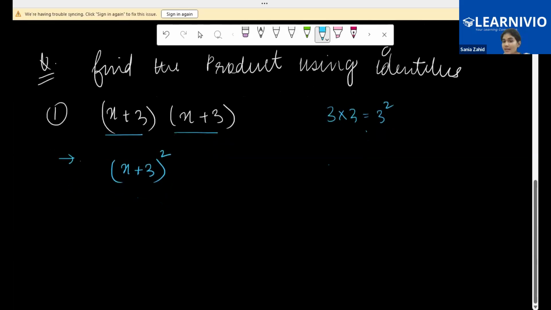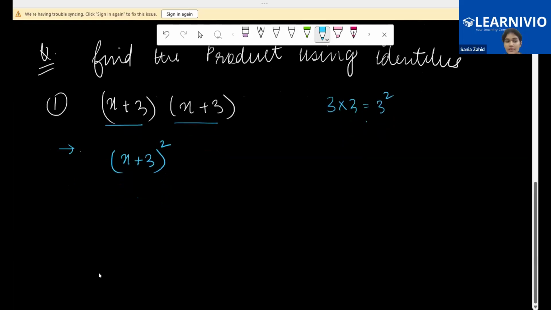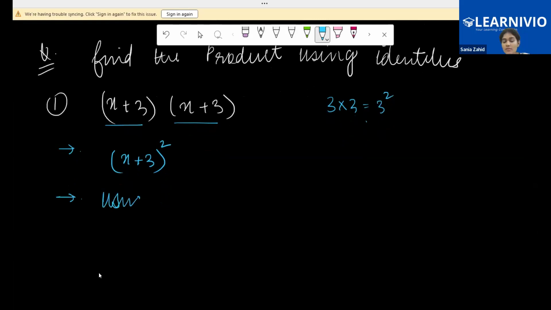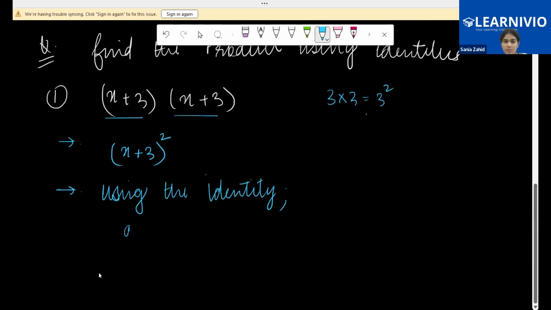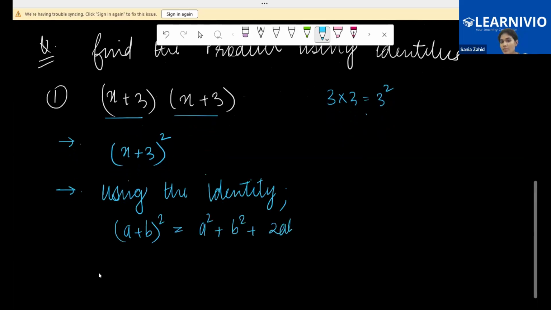Now, what is this identity? This is a plus b whole square. So your answer becomes, you will write down using the identity, and you also mention the identity. a plus b whole square is equal to a square plus b square plus 2ab.